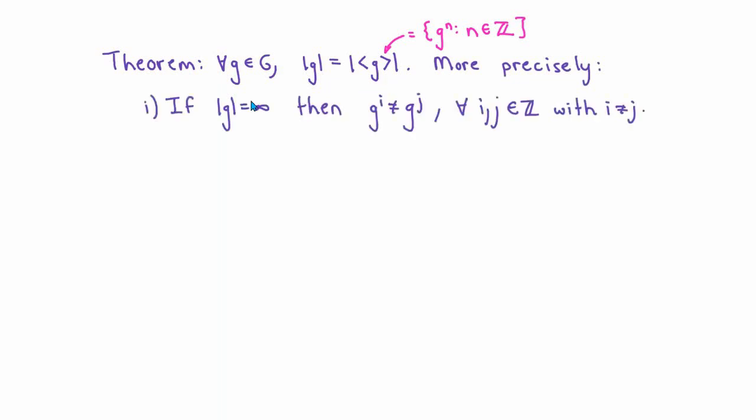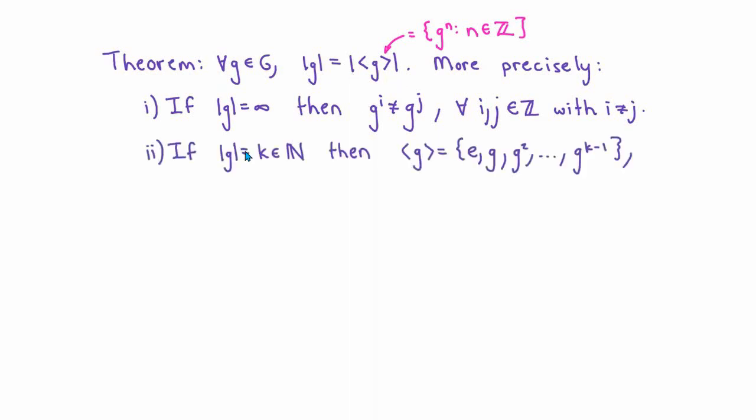So first of all, if little g turns out to be an element of infinite order, then what I want to prove is that g to the i is never equal to g to the j when i and j are distinct integers. That guarantees that all of the elements of the group generated by g are distinct, so the cardinality of the group on the right-hand side is infinite.